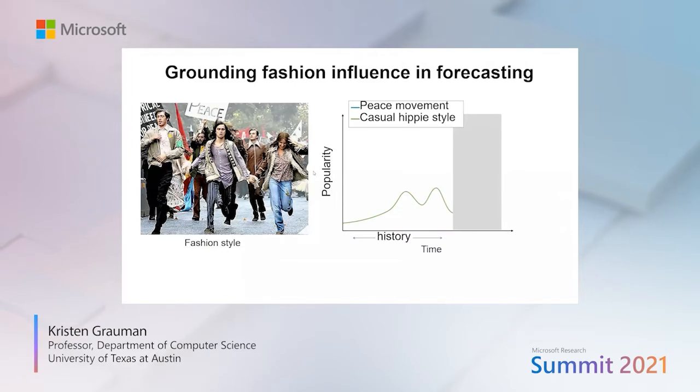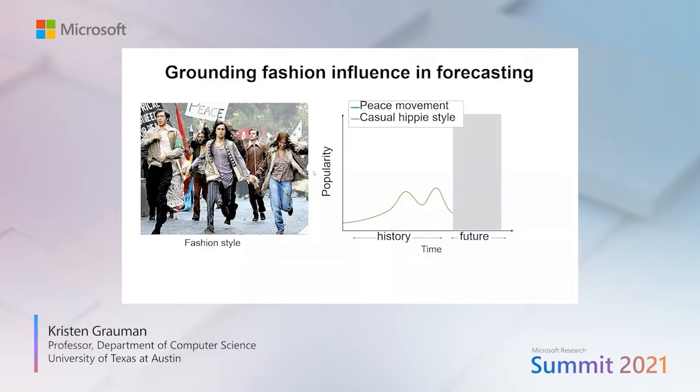So imagine you know about the popularity level of a certain style of clothing over time. And in my cartoon here, we'll be taking the casual hippie style, the green curve. Suppose that's a popularity over time. Now, we could think about forecasting that popularity in the future, and looking at this curve, we might think there's some kind of cyclic nature happening, and we might have a certain expectation forward in the future.